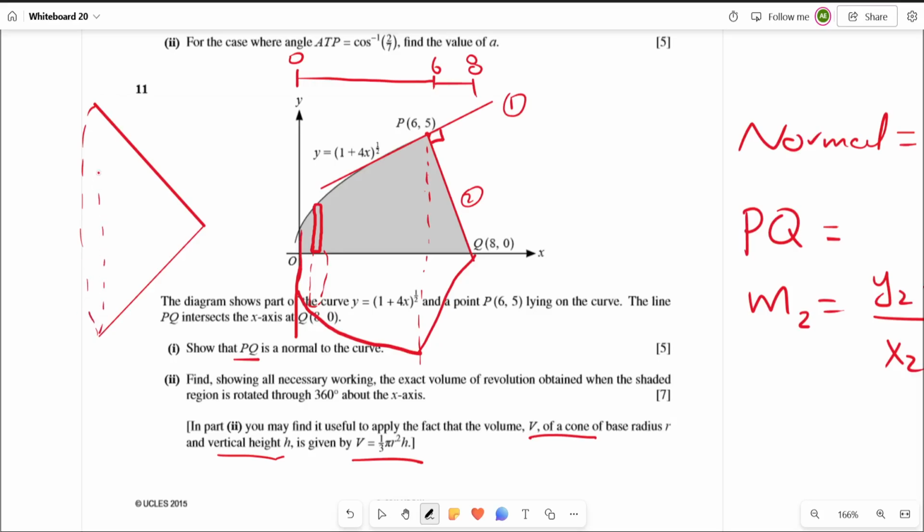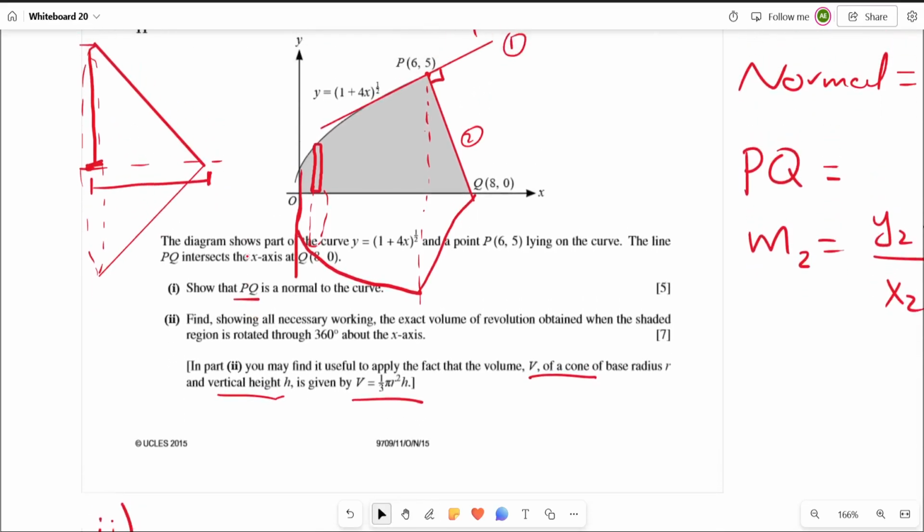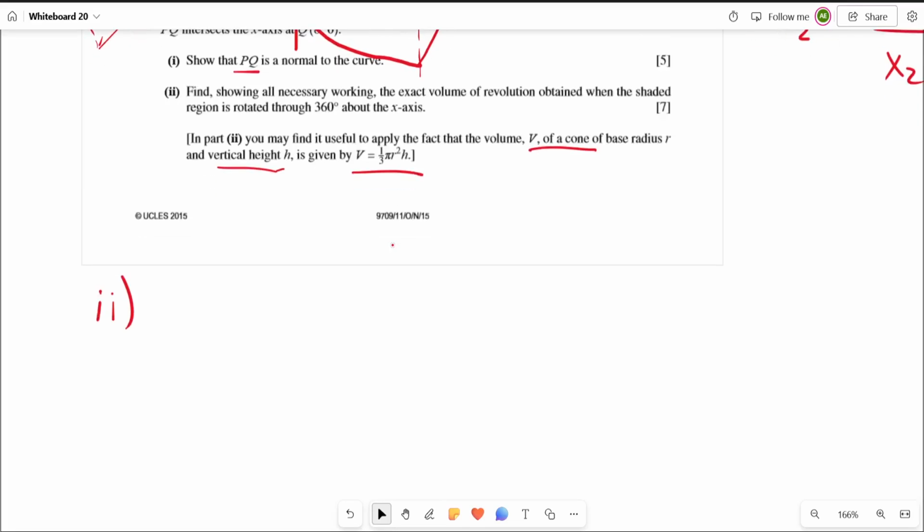So I can use the formula of the cone with base radius and height to find the volume. The radius is going to be this height over here, and the height of the cone is going to be this length over here. So we'll get to that. Let's just find the volume of the revolved curve first.